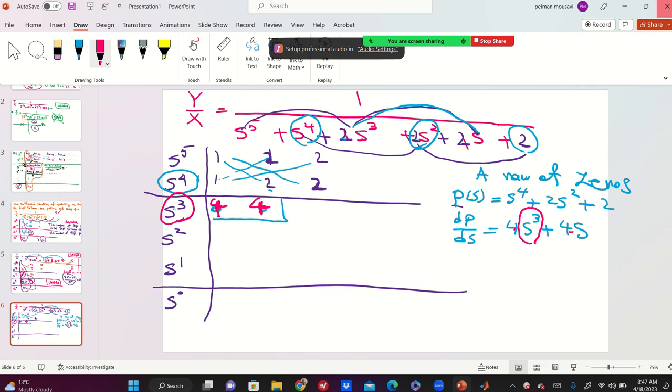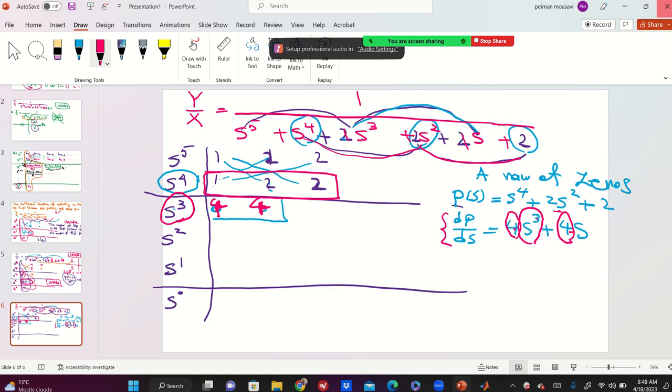Yes. So you get the row for the 0. Write the coefficients as you developed: s to the power of 4 plus 2s squared plus 2. Then you have a derivative with respect to s, 4s cubed plus 4s. Then you're going to replace these in the s cube row.